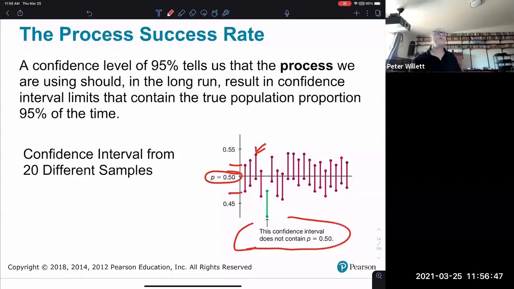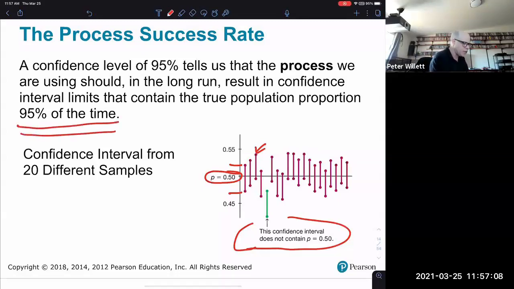And so if you were taking a random sample, you can see that 95% of the time, the range of values you get would contain the population proportion, and 5% of the time, the range of values you got from your sample would not. And that's why in a situation like this, we would 95% of the time get a range of values that did contain the p-value for the population.